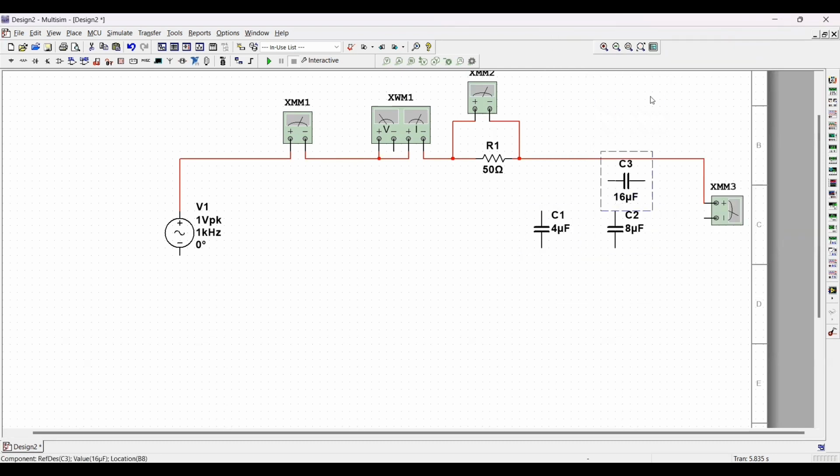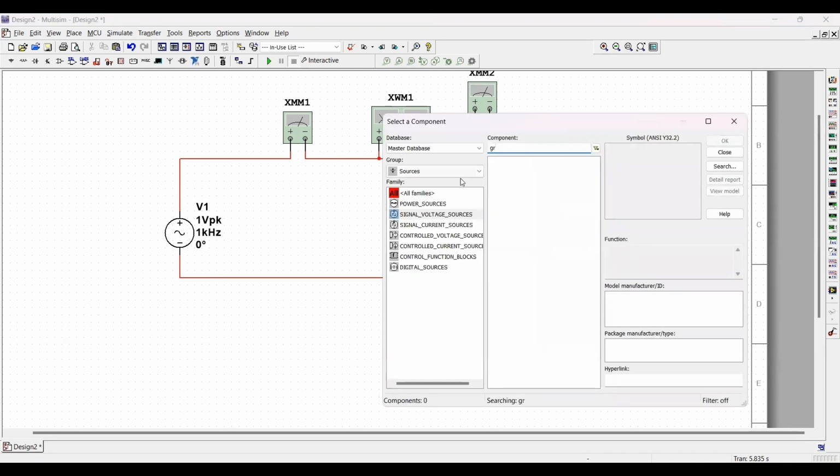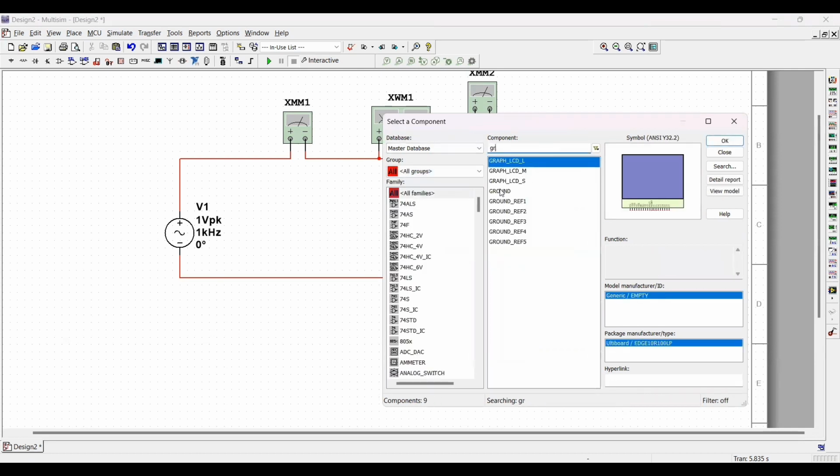A lot of the capacitors are in parallel. So connect to the AC power, negative over there. And we also have to put ground like usual.